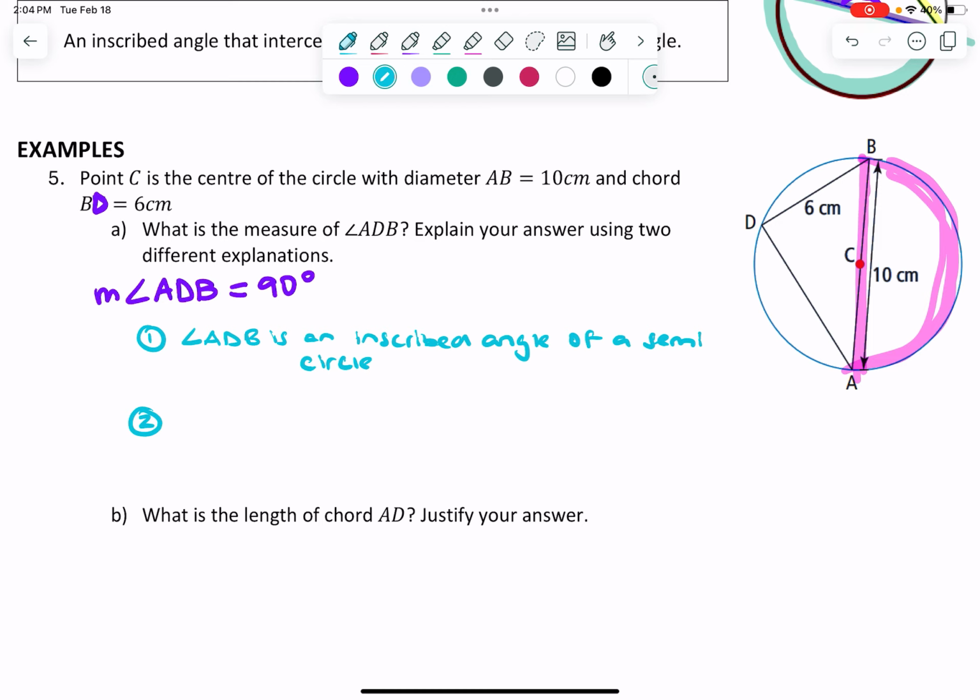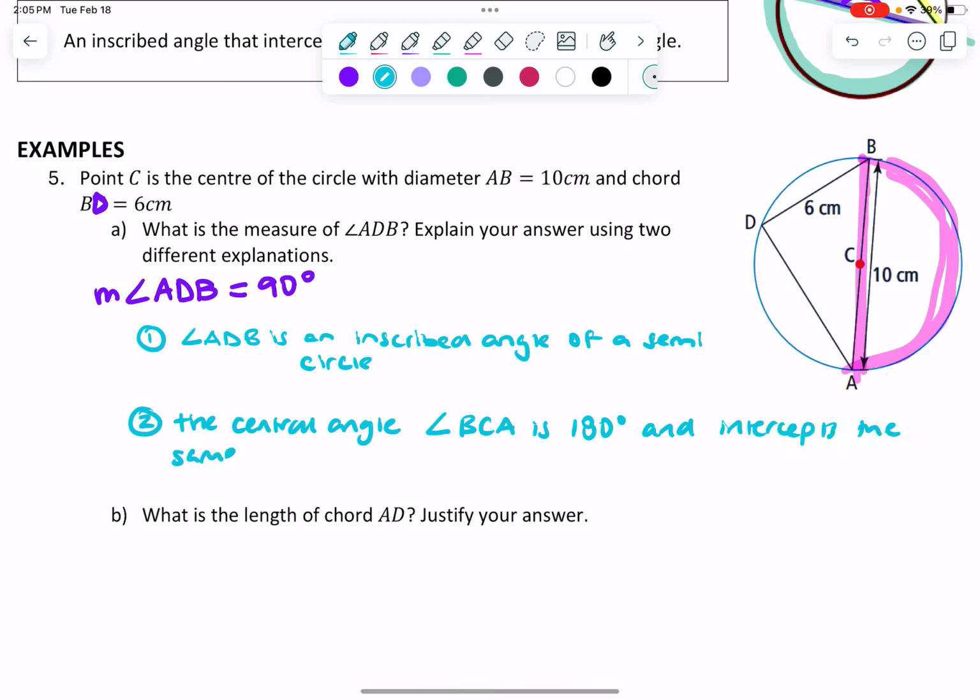Way number 2 is that the central angle, which is angle BCA, is 180 degrees and intercepts the same arc as inscribed angle ADB.